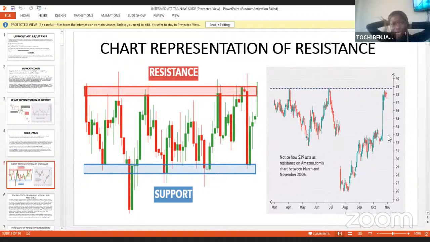Now the question is, how do you identify a support level or a resistance level? So we said, one, there must be a minimum of 2 touches on the level. For a retail trader to actually ascertain a level to be a support or a resistance level, there must be a minimum of 2 touches on that level, because you're not the one to define support for price.